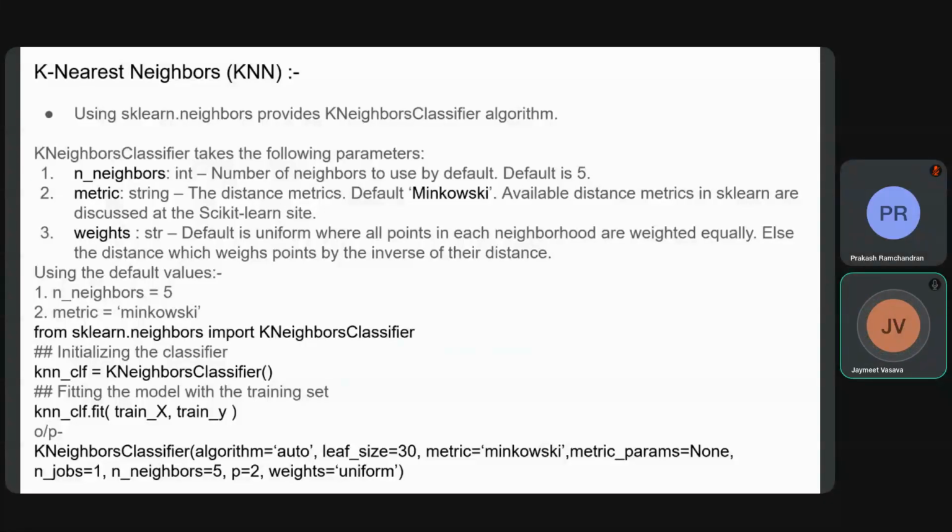So our KNN model is built and used on the train split of x and y, and these are the values it gives us for the output. You can see the metric value as Minkowski and the number of neighbors as 5. Weight has the default value of uniform.